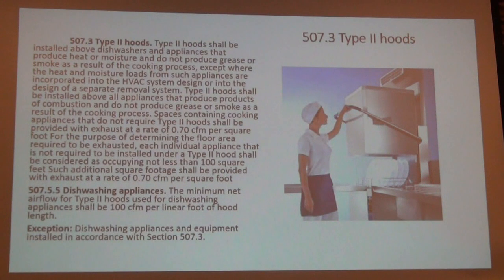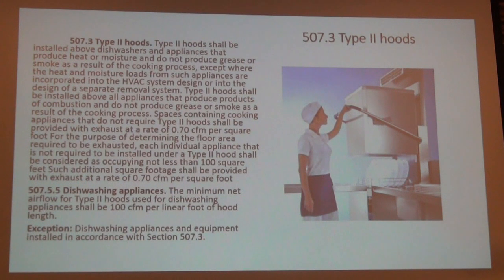Question for you. I don't know if it's in this code or not, but somewhere I read in the code or an interpretation: if they put in a Type 1 hood in a restaurant and say we're only going to use it for Type 2 cooking, they still have to have fire suppression. It still has to comply with fire suppression.